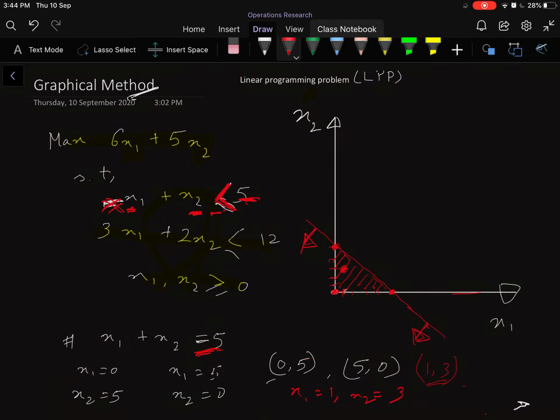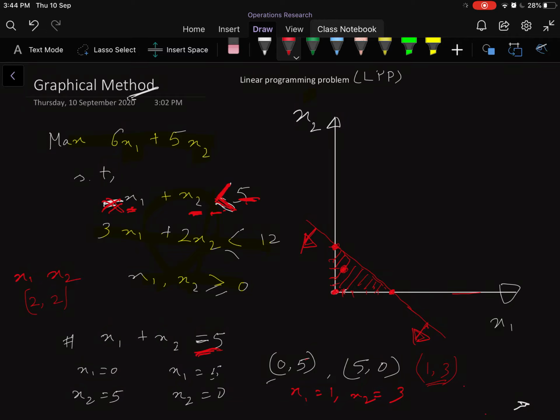Or we can further iterate it by considering one more point. Let's say we have point 2 comma 2. If the value of x1 is 2 and the value of x2 is also 2, then see 2 plus 2 is equal to 4, and 4 is less than 5, and let's plot this 2 comma 2 here.